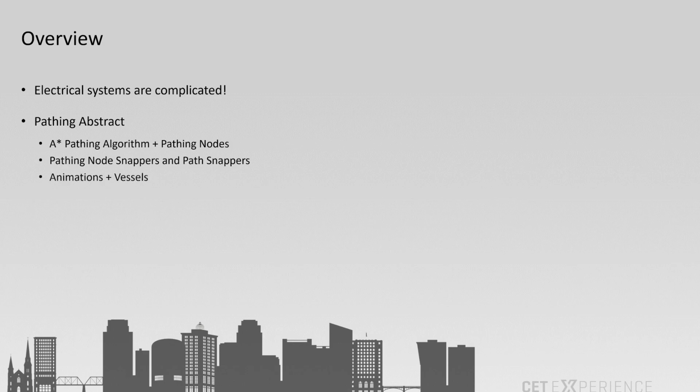We'll also be looking at animations and vessels, the combination of the two and how those work. And really, animations and vessels are designed to facilitate the UX, right? They're there to make sure that the user can interact with the electrical system, add paths, remove paths, etc. And so they're a crucial component to what we're doing, but they're also not necessarily foundational.